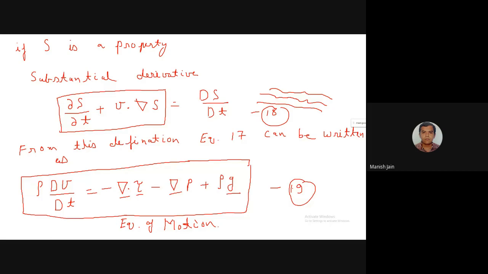Okay, now we will derive a limiting case for the equation of motion, which is the Navier-Stokes equation. Okay, so Navier-Stokes equation is the limiting case of the equation of motion when we assume that the fluid is incompressible and follows the Newton's law of viscosity.